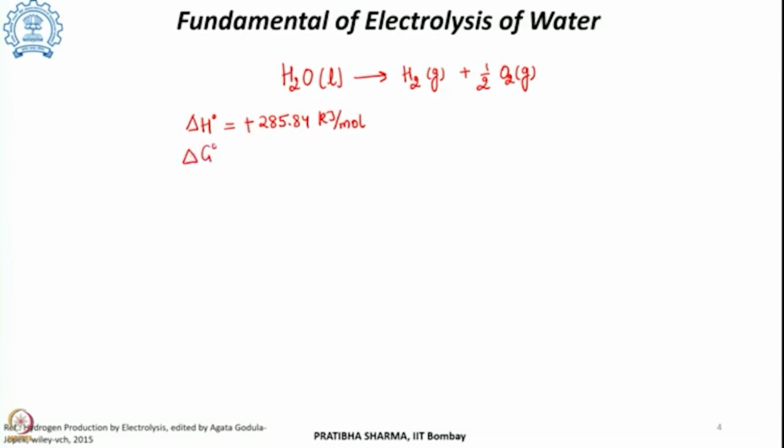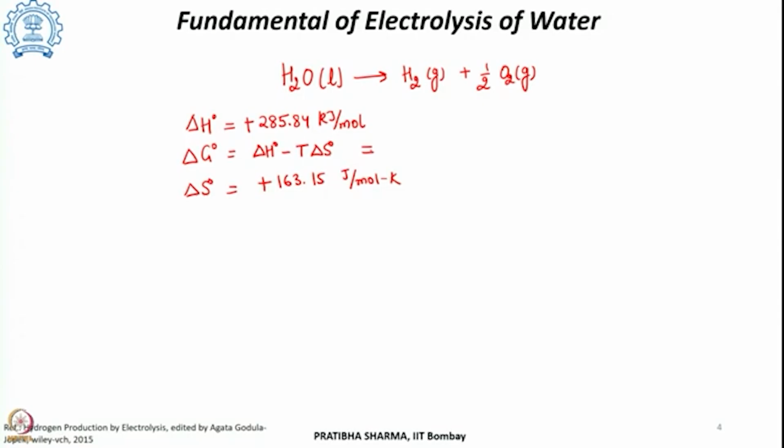The Gibbs free energy change in the process under standard conditions is delta H minus T delta S, where delta S is 163.15 joule per mole Kelvin.